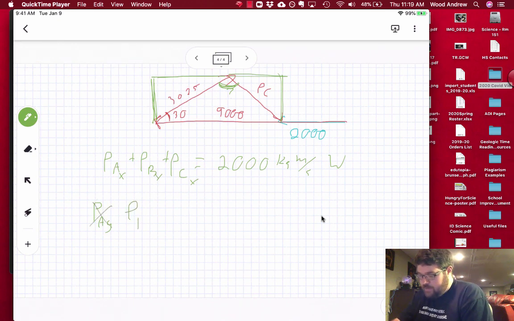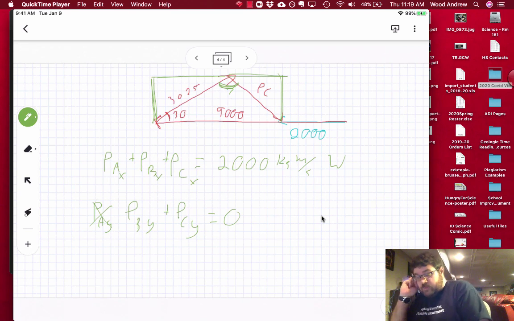And we know that the momentum of B and the momentum of C in the vertical has to equal 0, right? Because they cancel out, because B is going upward here and C is going downward. So that's easy enough. Now we just need to figure out some numbers to put in there.